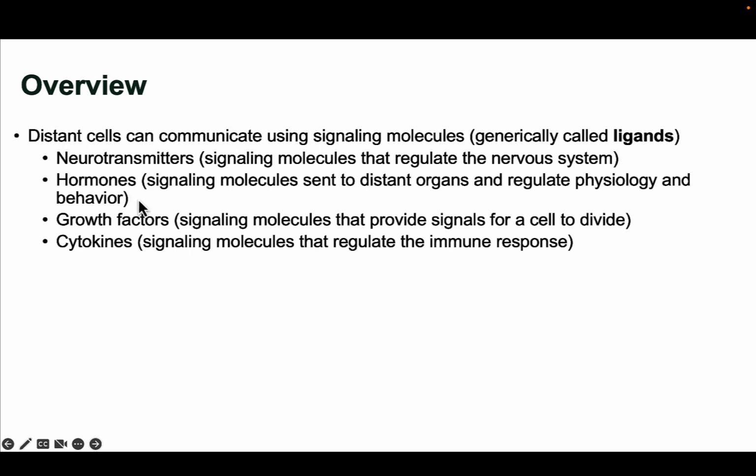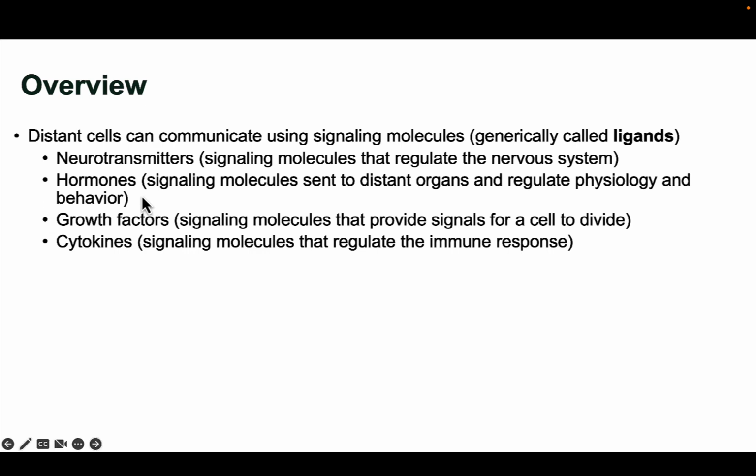And hormones. Hormones are signaling molecules that are sent to distant organs and regulate physiology and behavior. Signaling molecules can also include growth factors. These provide signals for cells to divide, and cytokines, which are signaling molecules that regulate the immune response.